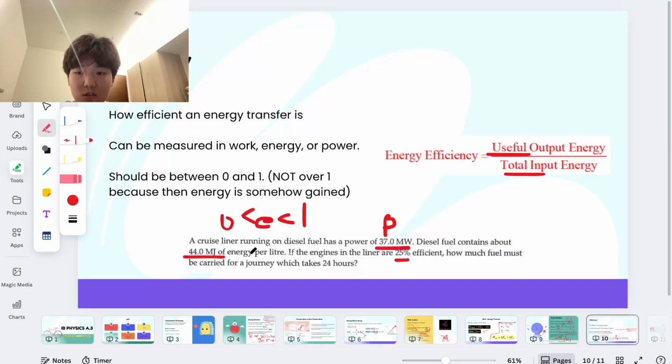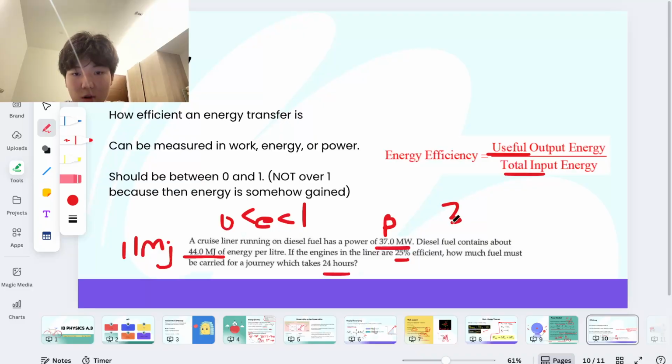So we have 44 total, and if it's 25%, then it's 11 actual usable megajoules of energy. So we have this much and this much, and we have time. So we need to find how much energy we need in total.